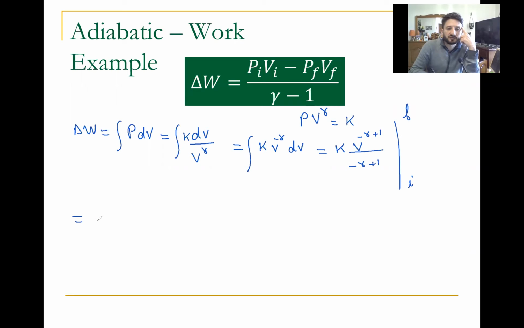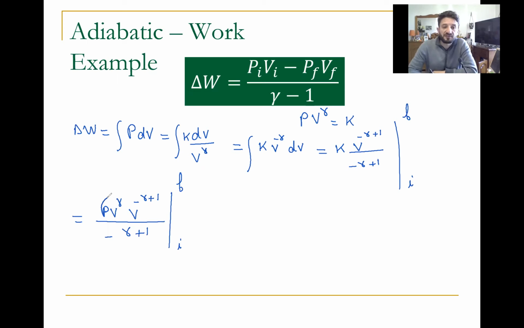So between the initial state and final state, here equals, minus gamma plus 1. Here K we can put as P V^gamma. You know, K equals P V^gamma. You can write here K equals P V^gamma, times V^(minus gamma plus 1) between the initial state and the final state, because P V^gamma is a constant value.